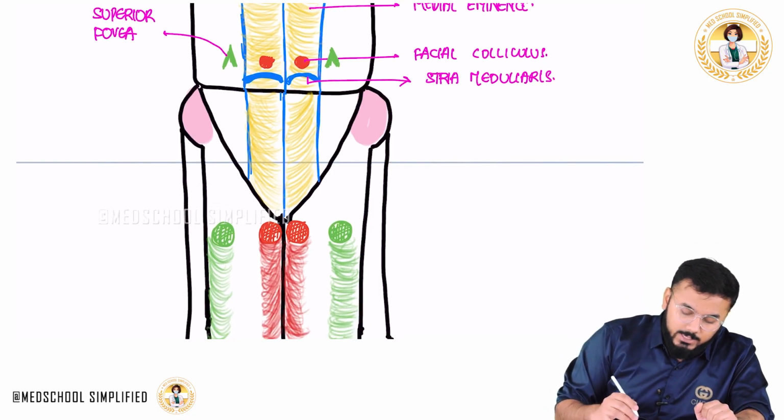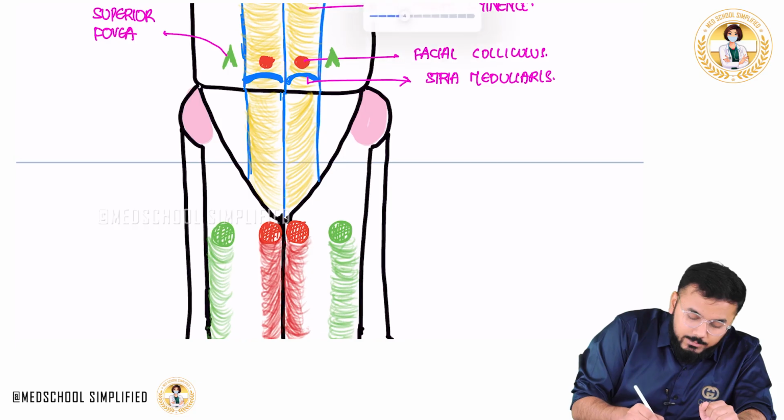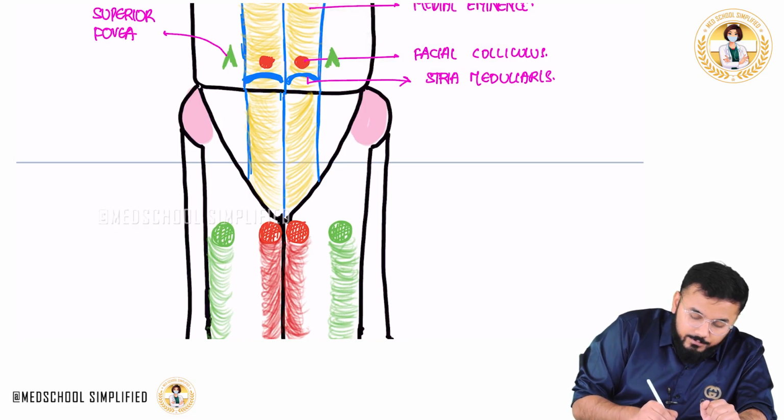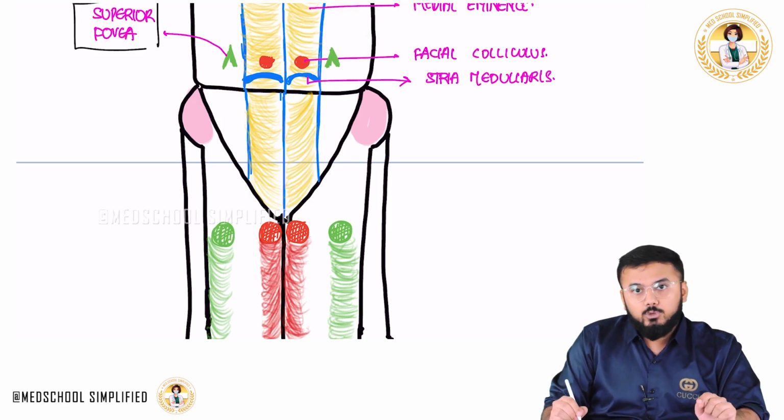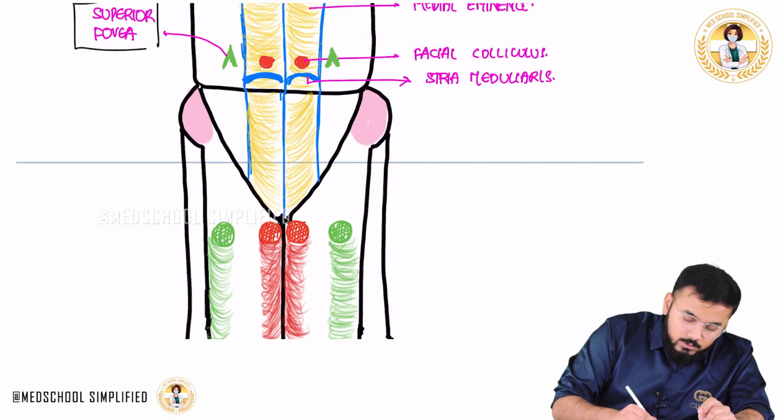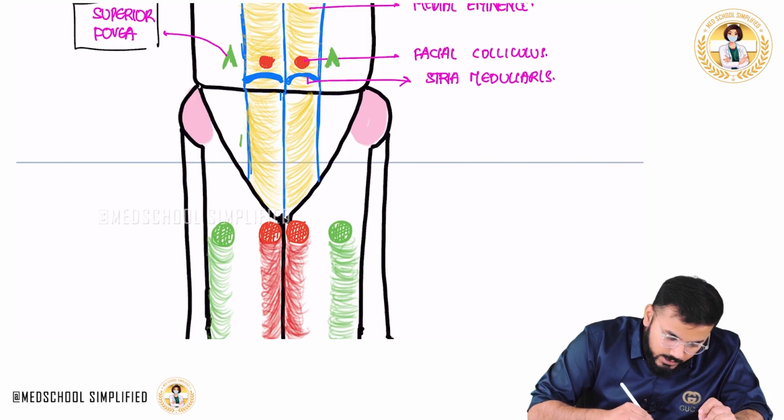Now the next important thing is that we discussed something called superior fovea. When I say superior fovea, there should be inferior fovea also. Just have a look here now. You see on either side of the sulcus limitans, you see this V-shaped depression over here.